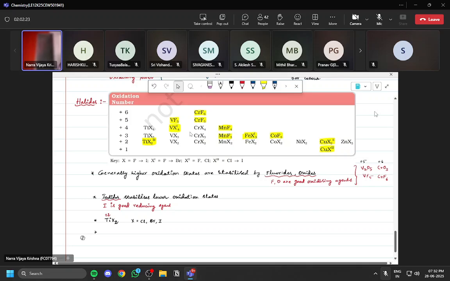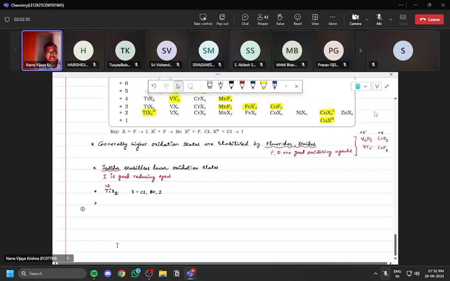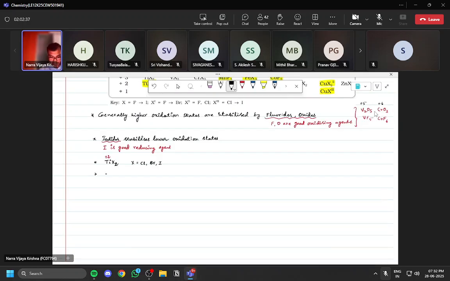If 7 fluorines surround manganese, all lone pairs will repel each other and hence it will decompose. Clear? That's why it prefers to form a maximum of +4. So I'm writing: manganese exists as fluoride up to +4. But if you take oxides, it can form up to +7.